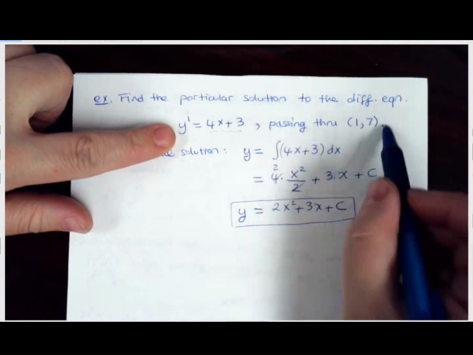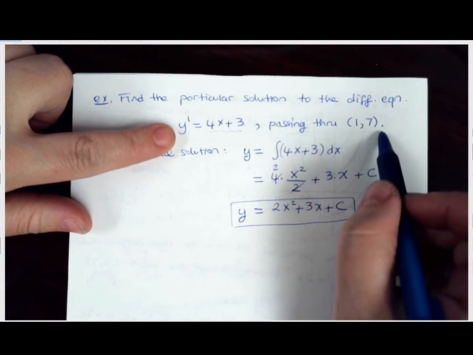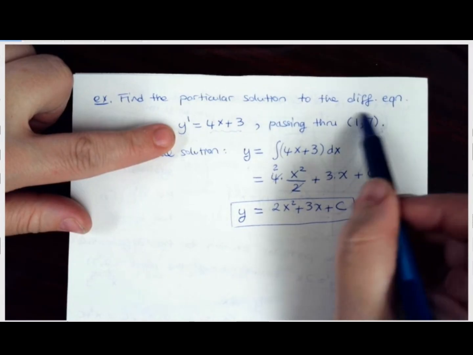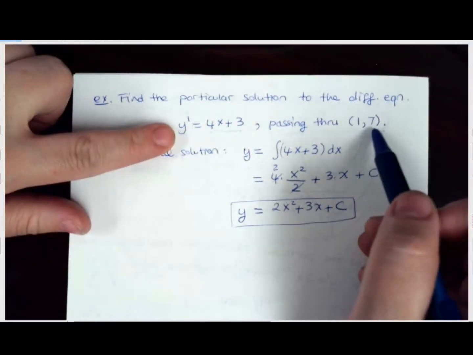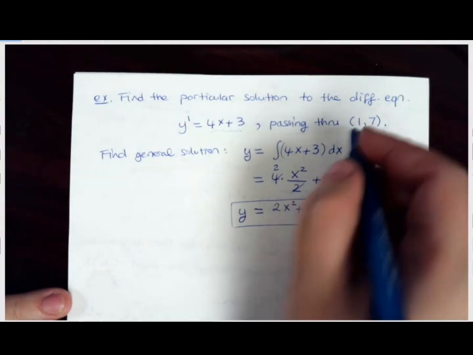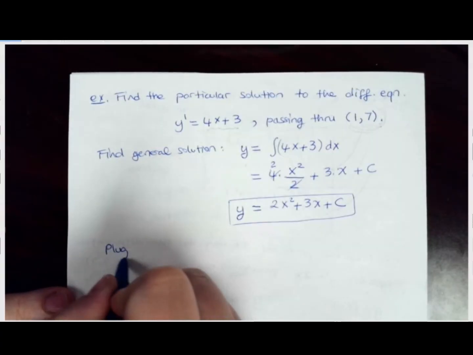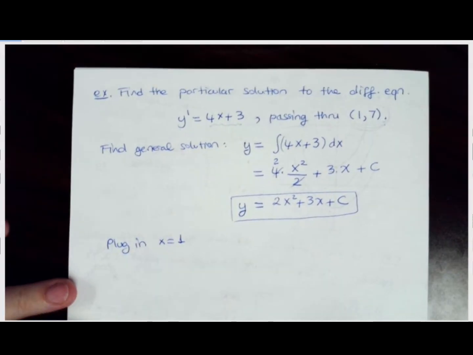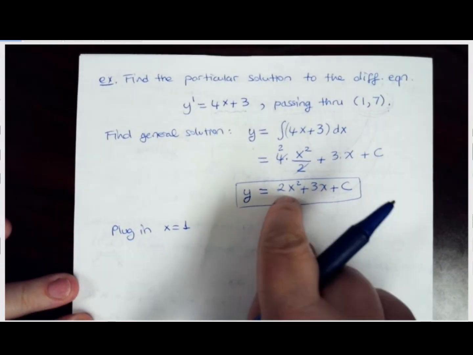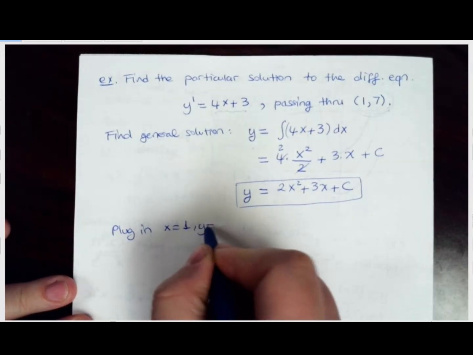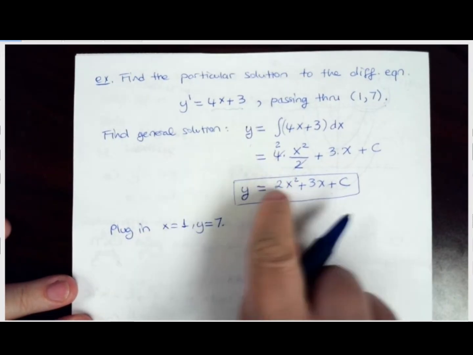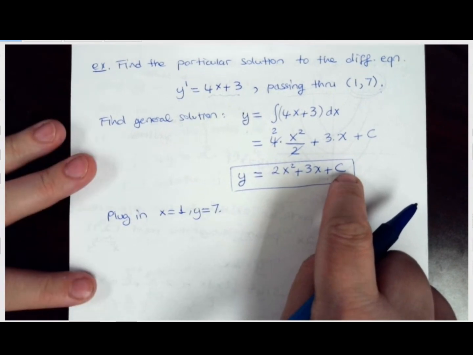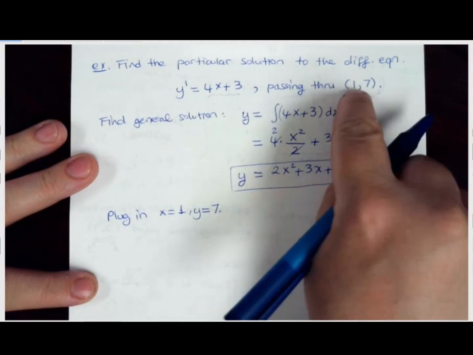Now we should find the value of c by satisfying this information. So we plug in x equals 1, and y should be equal to 7, and then we will find c. For what value of c will this function pass through this point?